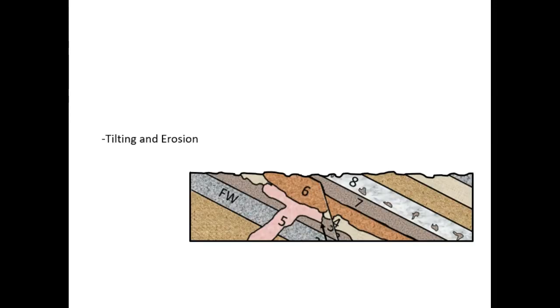Okay, and here you have all of the layers in the cross-section tilted by the deformation and subsequent, after you have this deformation, you have subsequent erosion of a large amount of all of these layers. So you see that the last layer, which I think was number 11, has also been eroded greatly.